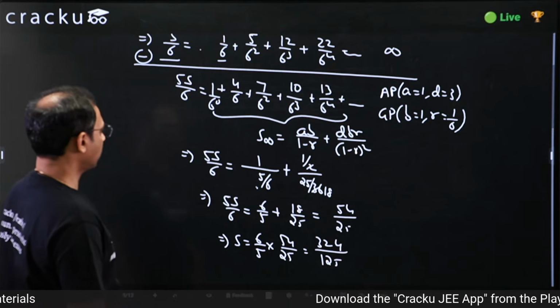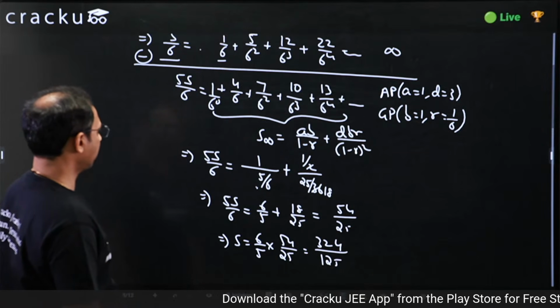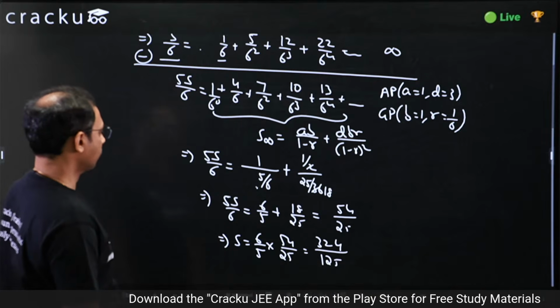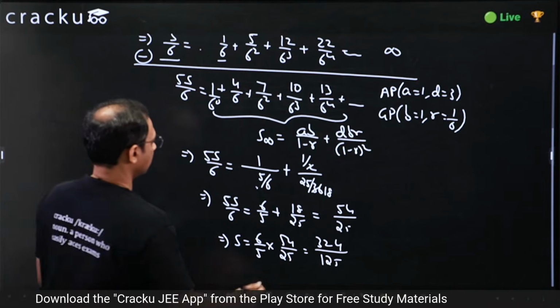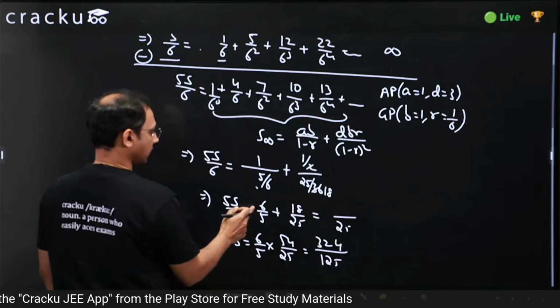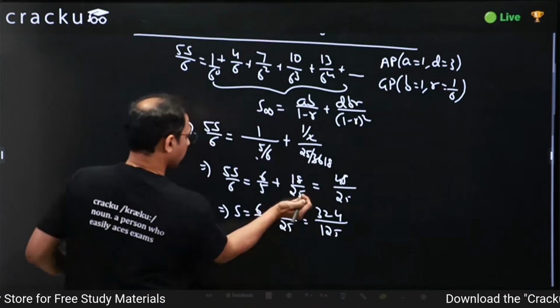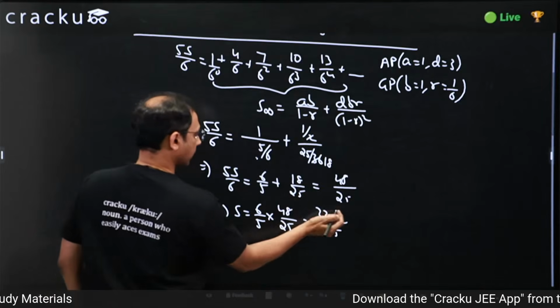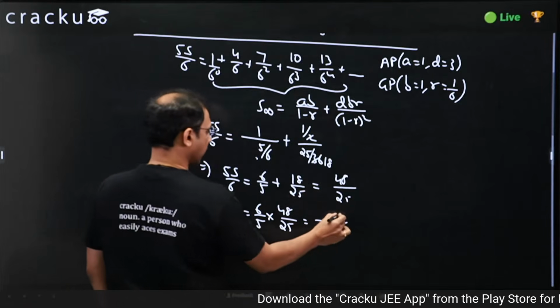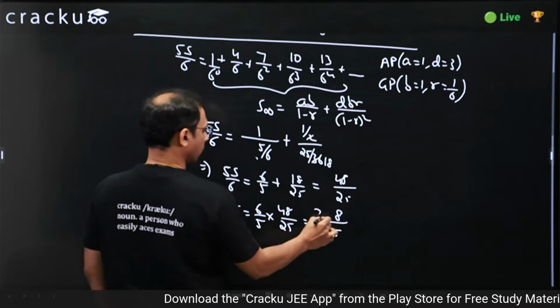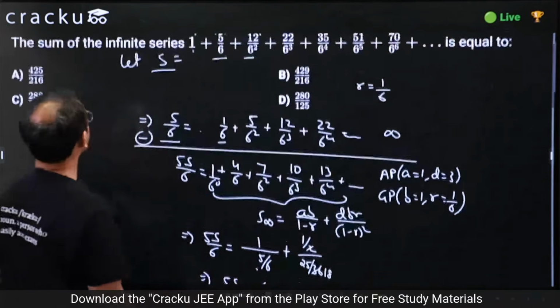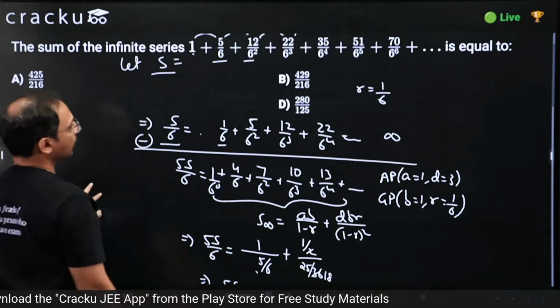So 18 by 25 plus 6 by 5, correct. 30, sorry. This is 30. I'm multiplying by 5. 30 plus 18 is 48. So here I'll get 48. So 48 into 6, I get 288 by 125. So third option is the correct answer.